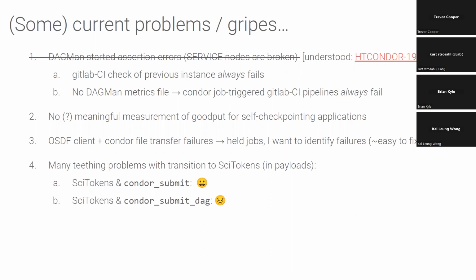It's really intuitive, and I've had basically no problems. condor_submit_dag, however, has been a little bit hairier to understand exactly what's going on, and to understand the various conditions where you should expect SciTokens to work and the various things that you have to do or not do before you submit the DAG. I think that these are all ticketed in Jira. We could probably discuss further offline, but those are my current gripes and general impression.